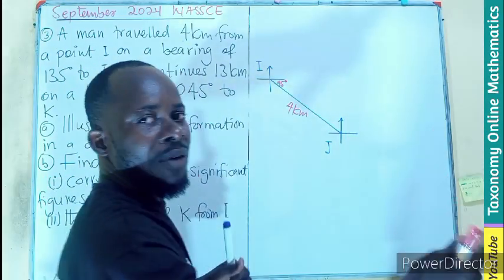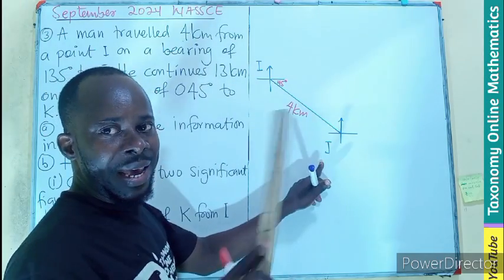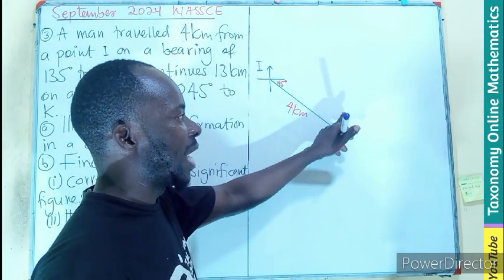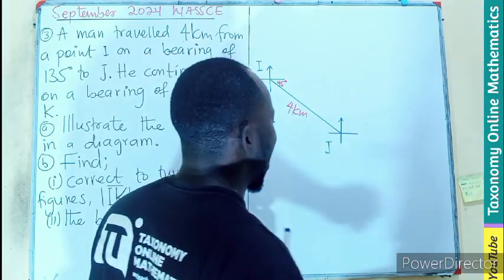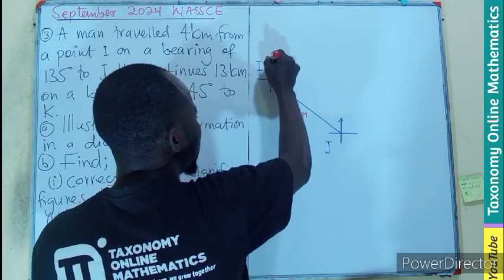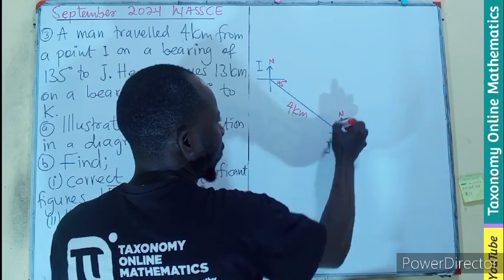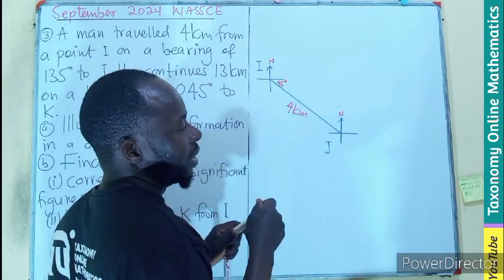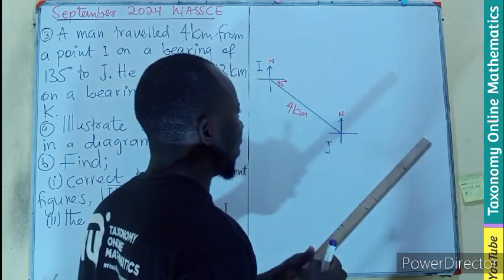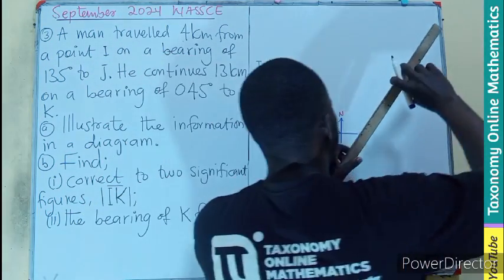So the bearing of K from J is 45. So we come to the north of J and measure 45 degrees. So 45 degrees will also be somewhere here.